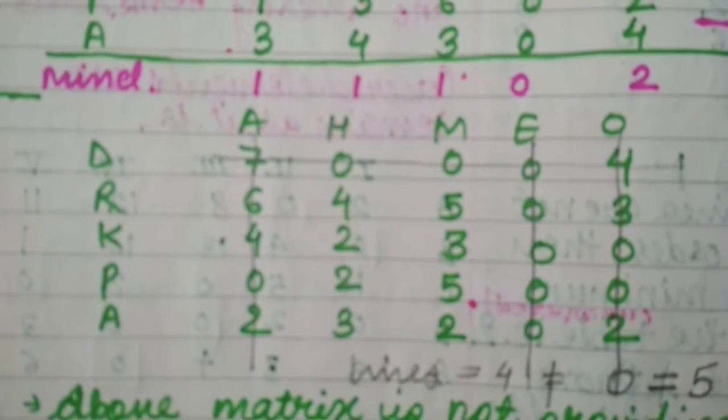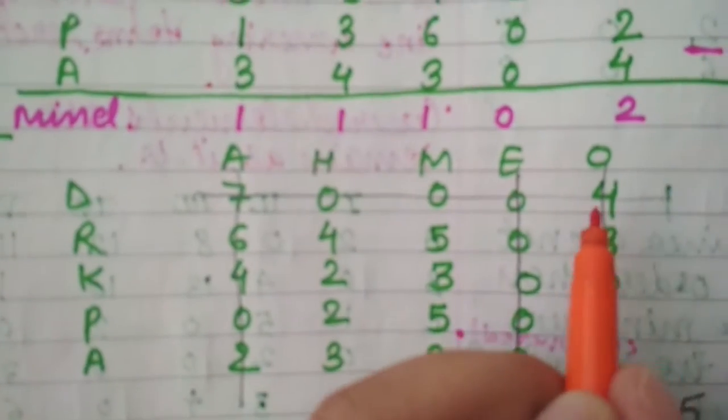Now that we have got all the zeros, the next step is to draw some lines. The lines can be horizontal or vertical to cover all the zeros. Here we have drawn some lines: the first line covers these 3 zeros, then this line, then this line, and then this line.